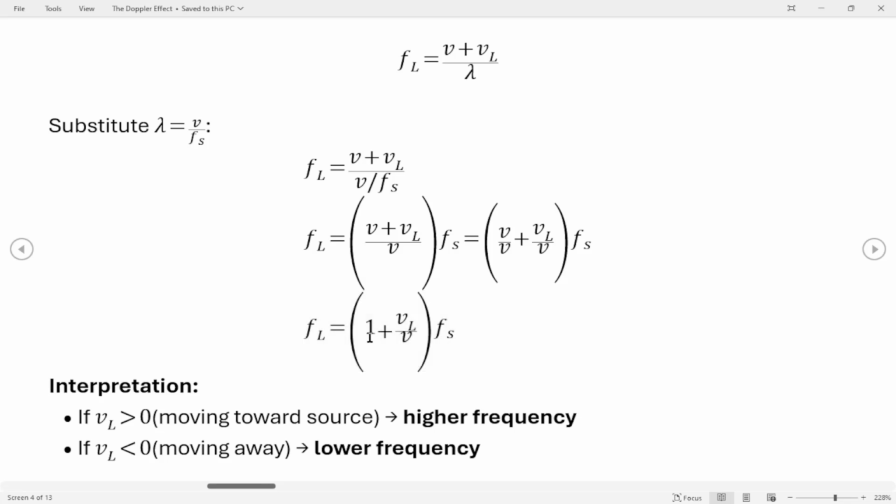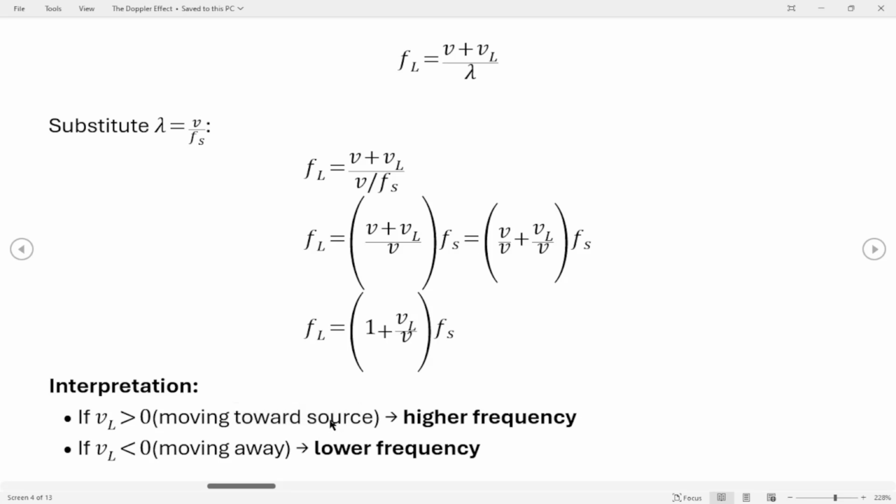All right. So it is also important to establish the sign conventions, right? And also how the frequency behaves. Now, if the velocity of the listener is greater than zero, that means that it is moving towards the source. All right. So in this case, the V sub L, or the velocity of the listener, is positive, because it is approaching, or moving towards the source.